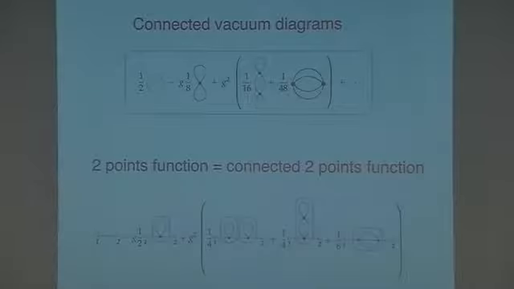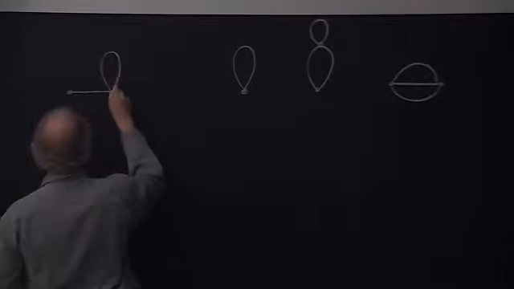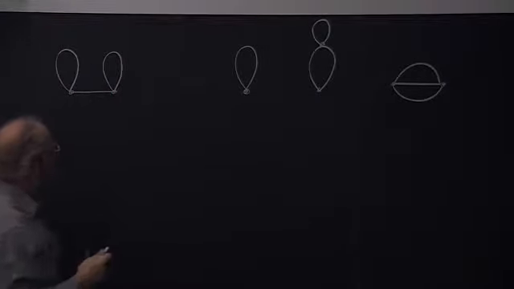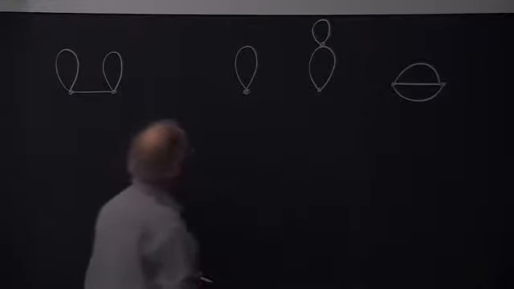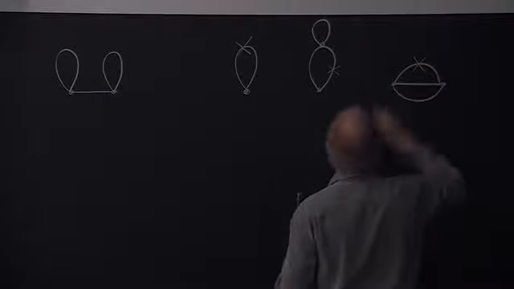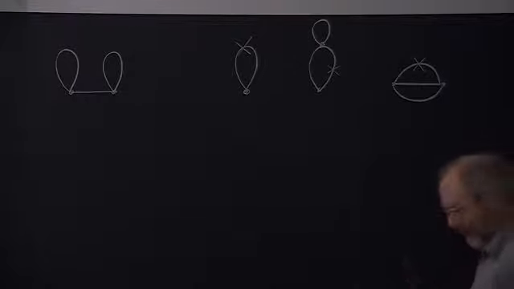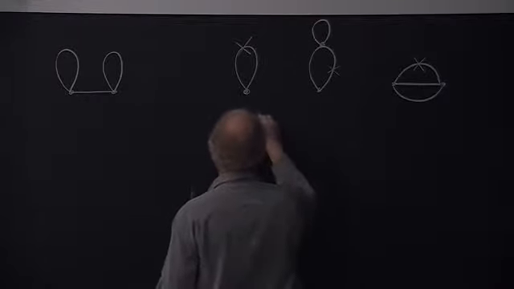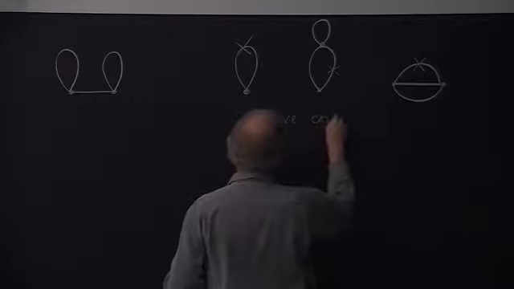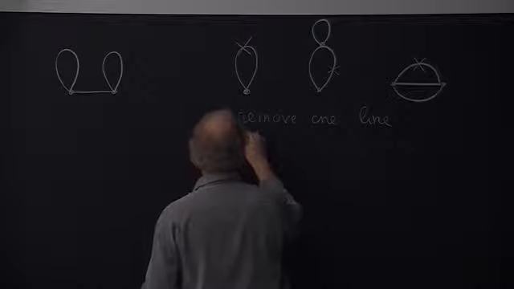The property is that if you remove one edge, one line, one propagator, the diagram stays connected.